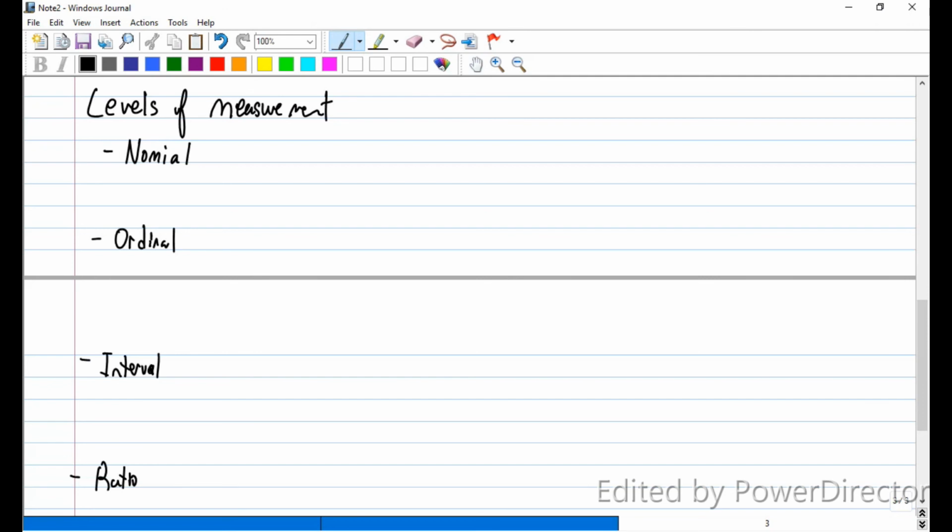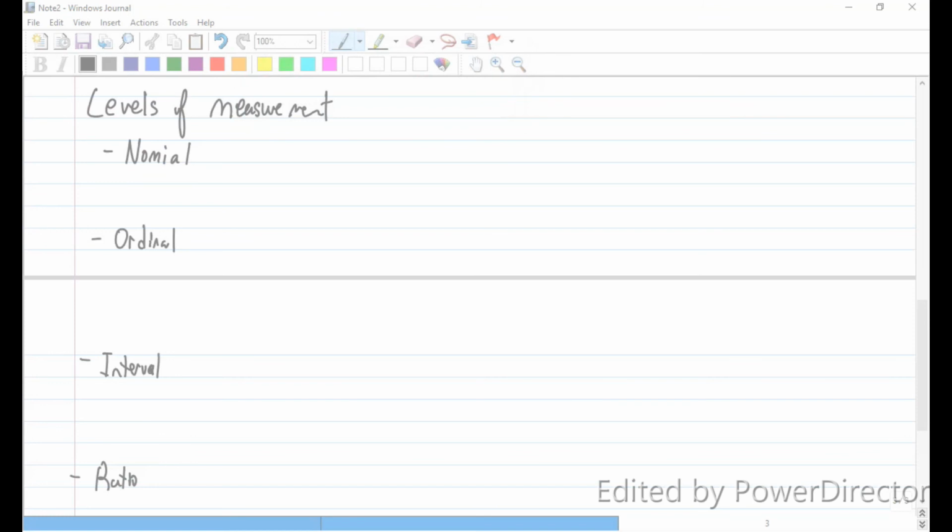Now the ordinal level can have the same properties as nominal, except it also can be ranked. All right, you can rank the data. For example, let me show you.